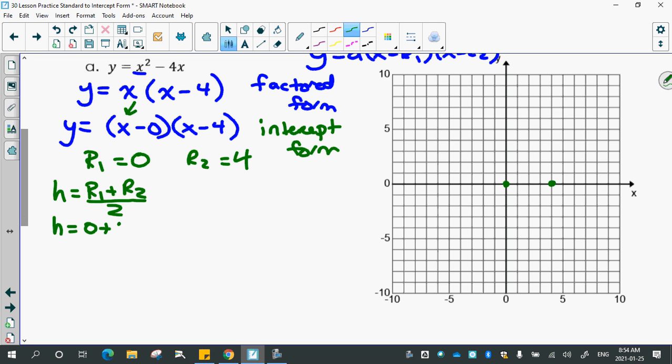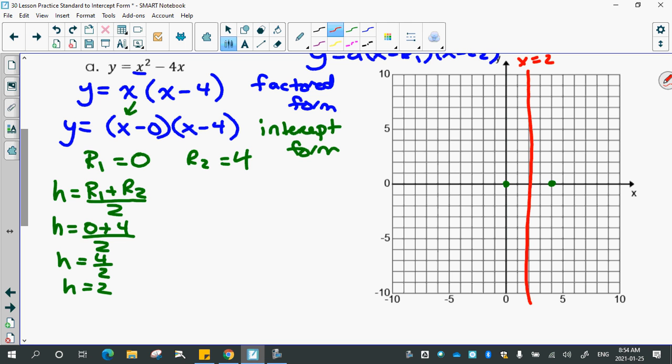Which we know is 2 if we look at the graph, but we're just proving it here. So H being 2 means that we know the axis of symmetry is going to be along here. Okay, our vertex is going to be along there somewhere, along x equals 2. Okay, which is halfway between the x-intercepts, which makes total sense.